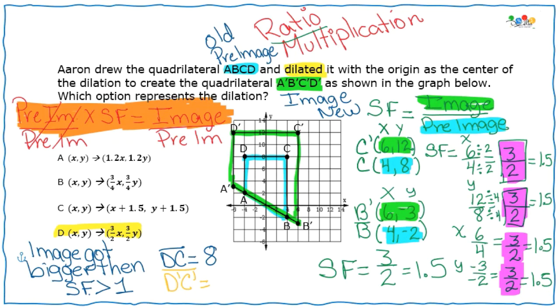Well, just come back to the shape over here, and we're going to count 2, 4, 6, and 8. So this one is 8. Is that right? Okay. So if I want to find B prime, C prime, which is the new length, I will need to multiply 8 times the scale factor, which is 3/2 or 1.5. So I'm going to multiply by 1.5. That would actually give me a 12.